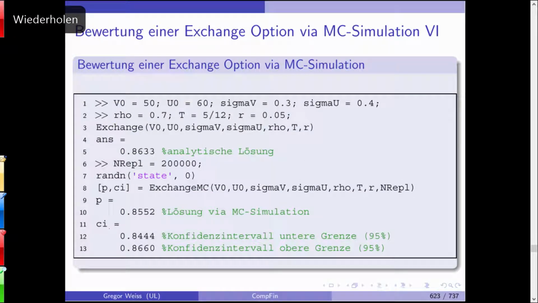And here, if I do it here, you can see, for example, I get a Black-Scholes price of 0.8633, and here you can see by using 200,000 simulated stock prices, I get a price of 0.8552 and a confidence interval, and actually the Black-Scholes price is within the confidence interval.